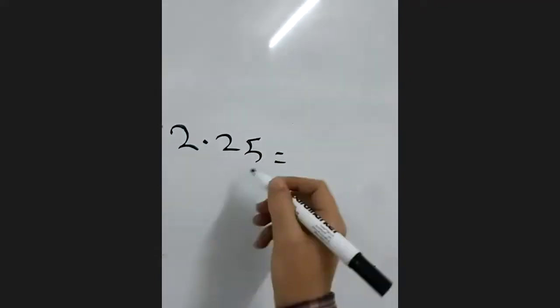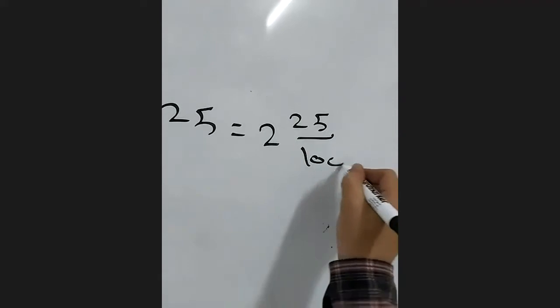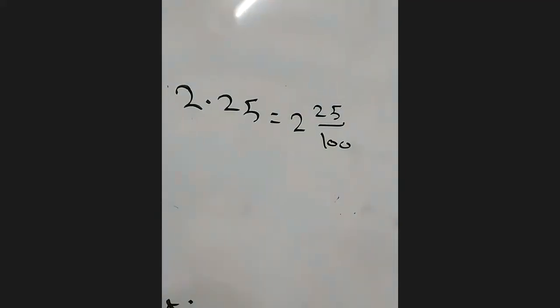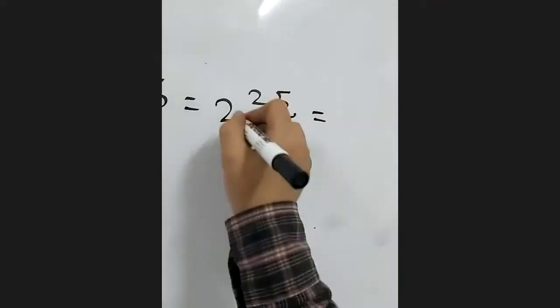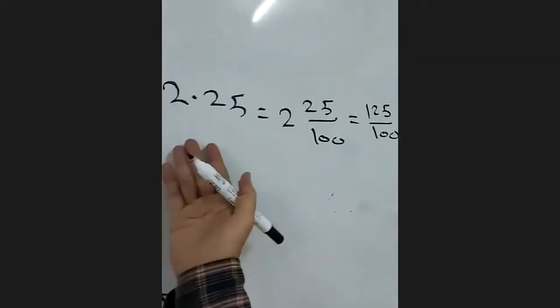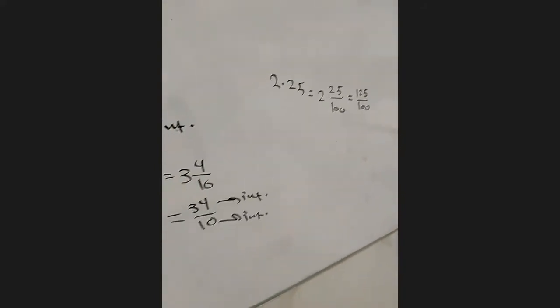2.25 is the same as 2 and 25 over what? Over 100, because we have 2 digits after the decimal. Now we can turn this into a fraction: 100 times 2 plus 25, 125 over 100. So 2.25 is rational. What's the second number in this group?